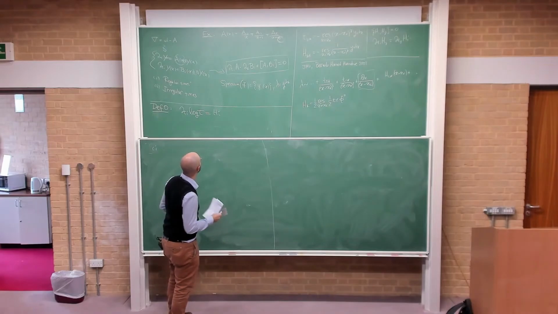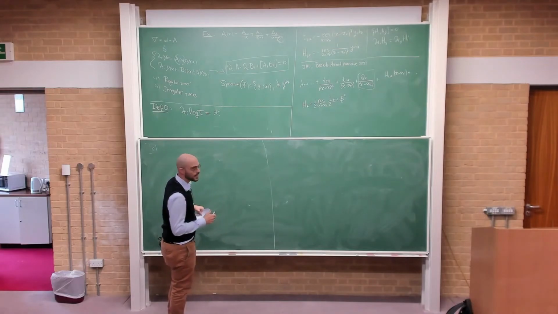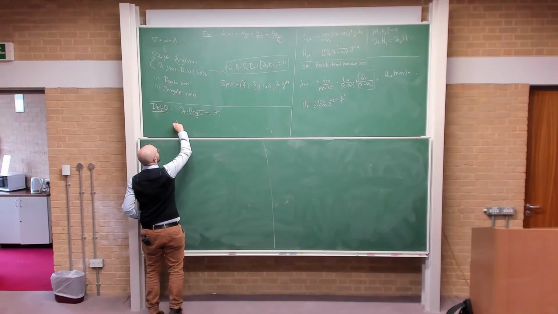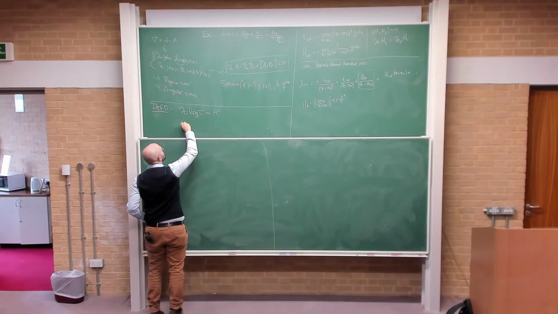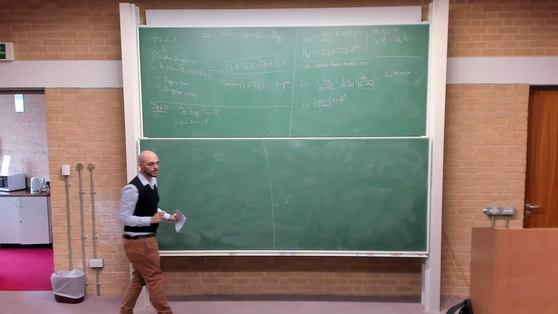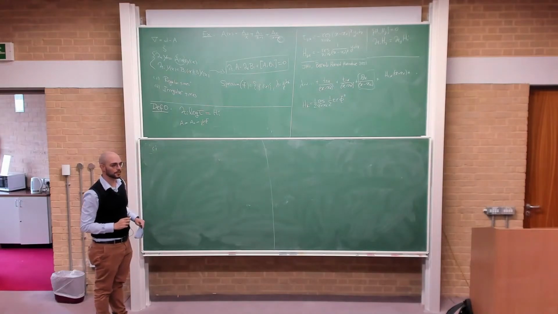So this A is some reference connection. I'm thinking of this A as given by some reference connection plus 1 over epsilon phi. And also phi defines the quadratic differential.